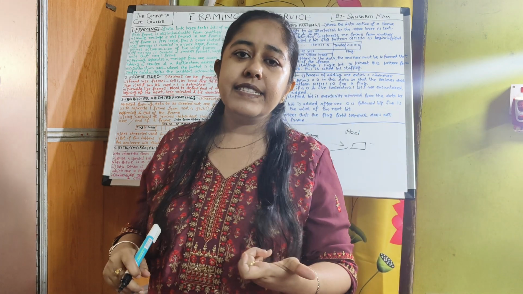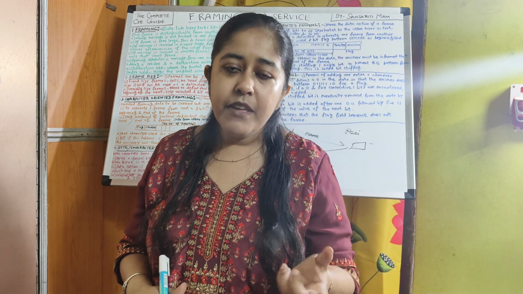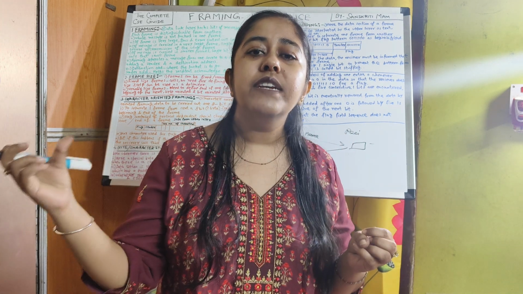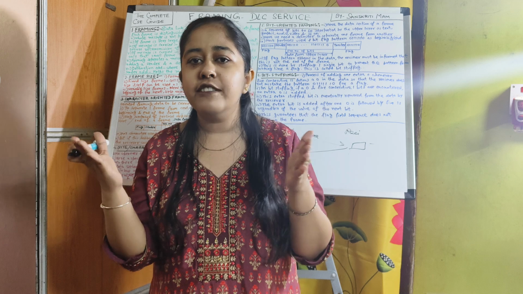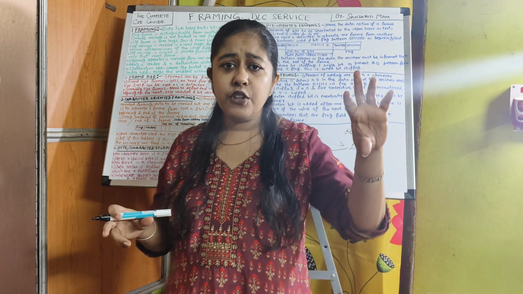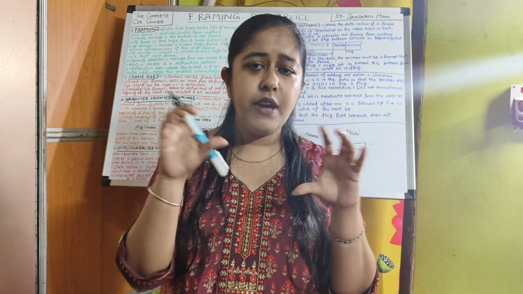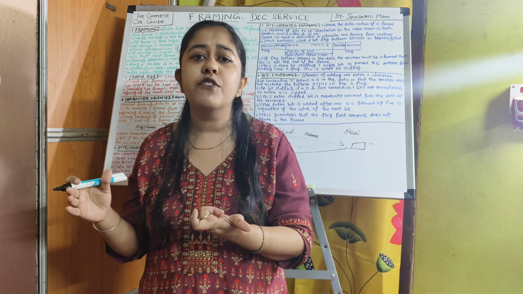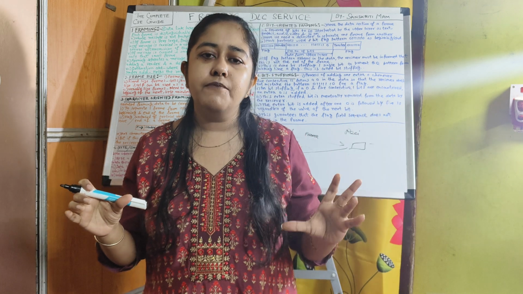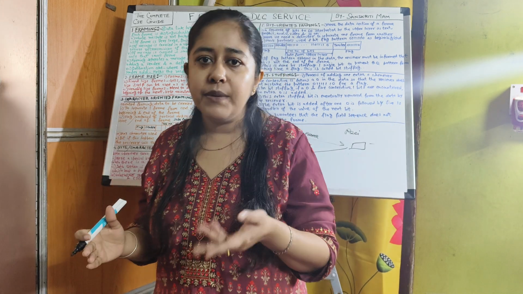So you do not have to fix any boundaries for the beginning and ending of the frame, since the size of your frame will be the delimiter. It will show which is the beginning and which is the end of your frame, right?